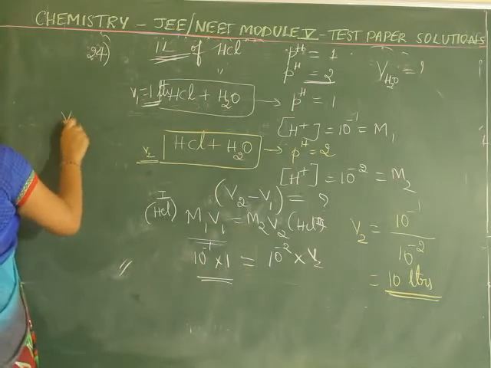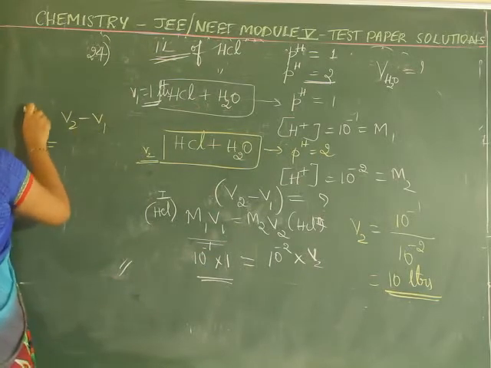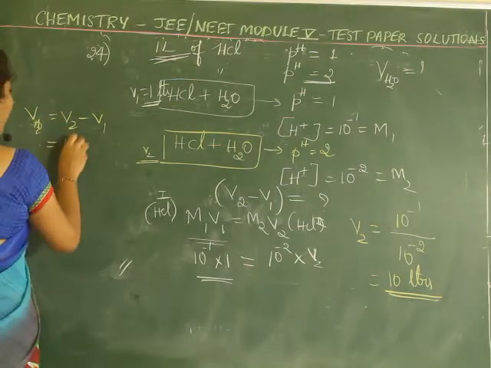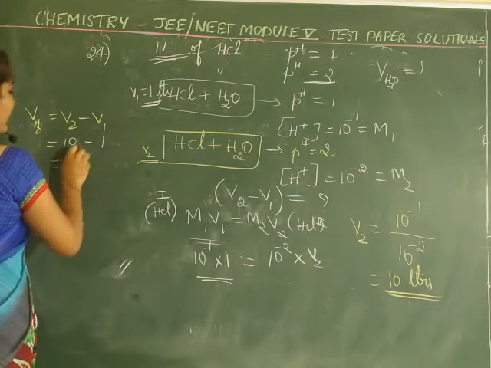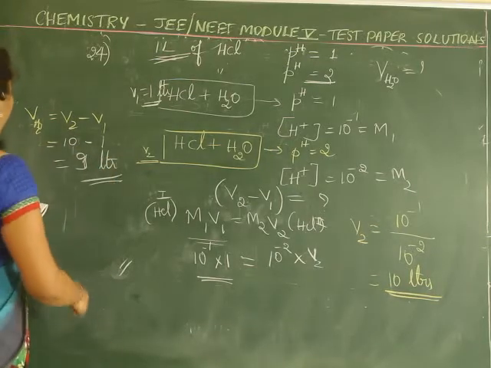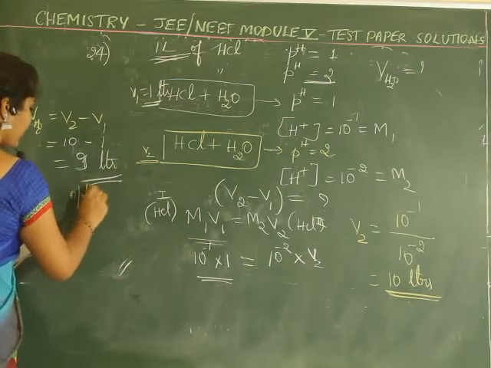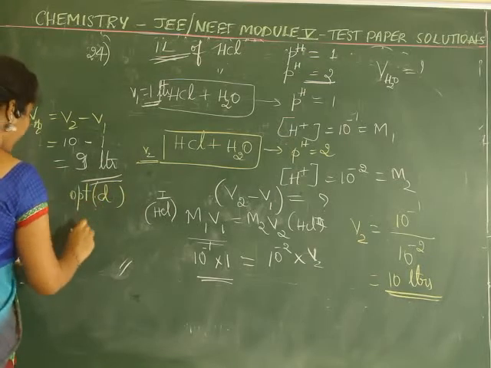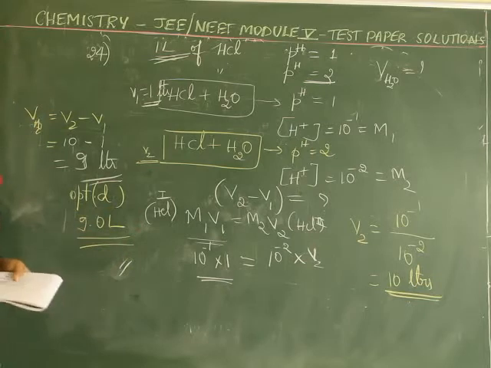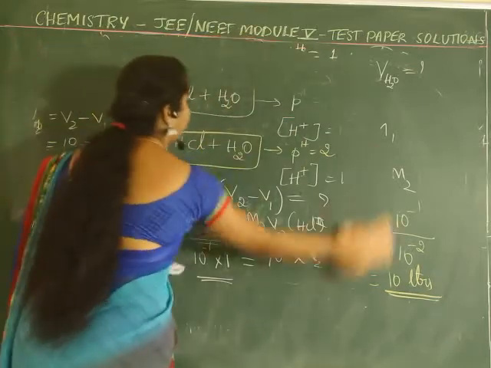Otherwise, the volume of water is equal to V2 minus V1, 10 minus 1, 9 liters. Which is the option? Option D, which says 9.0 liter, is the right answer. Next question, the 25th one.